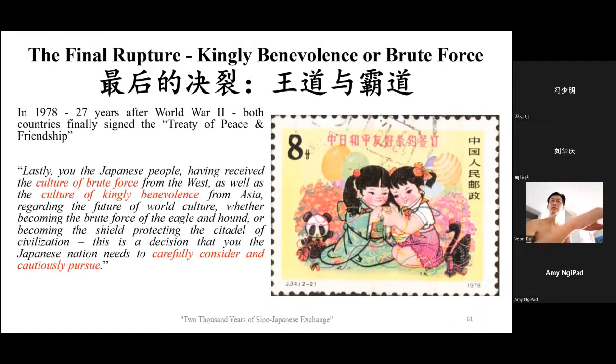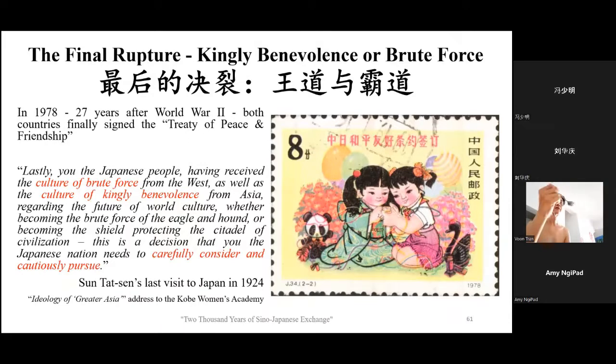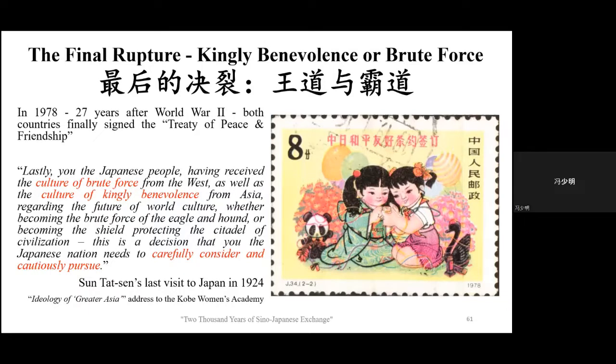And it is interesting that Mr. Sun Yat-sen, on his last visit to Japan in 1924, asked Japan to consider carefully that you have learned the kingly benevolence culture from China, and you have also seen the culture of brute force from the West. You must carefully consider what you want to pursue. Now, this is very ominous, considering that Japan would invade China in 7 years' time.